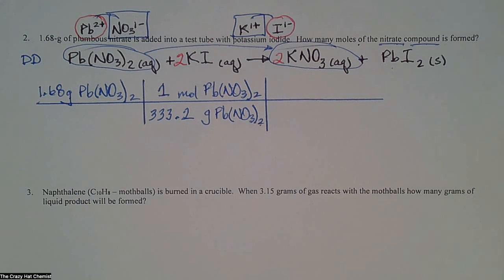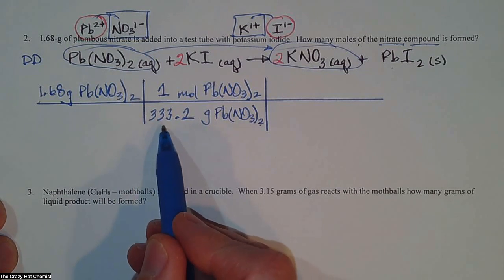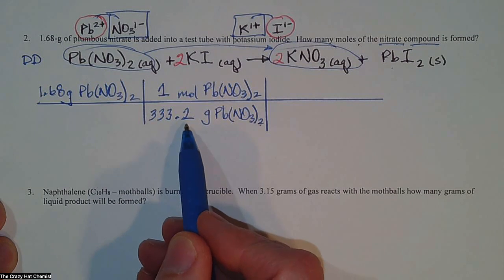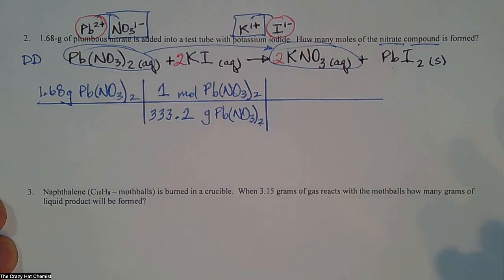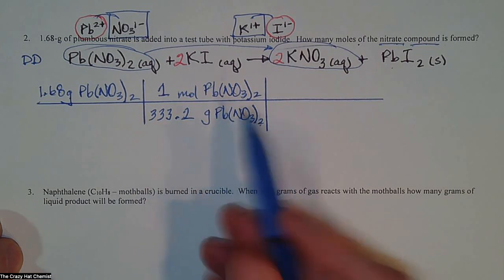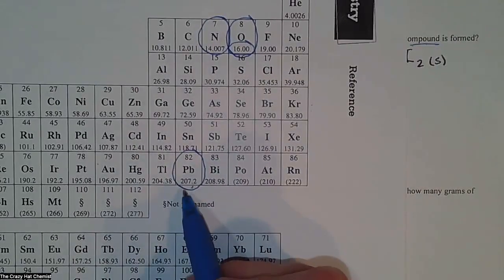So I think I said this on the first video, but I'm going to reiterate it on this video here, and that is I highly recommend that you calculate a whole number molar mass after you have calculated the rounded one. Okay, this is one of the most common errors and to get the wrong answer of the problem. So what you're going to do is make sure that your formula is correct. You're going to have 1 lead. So I'm going to take the molar mass of lead and take a whole number.